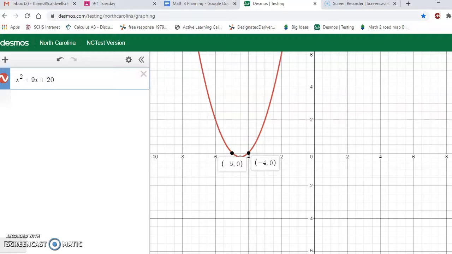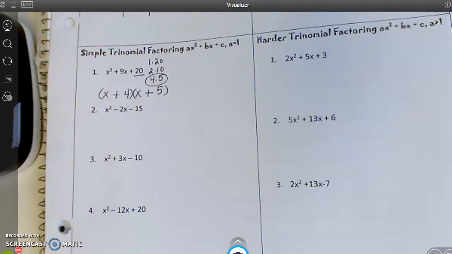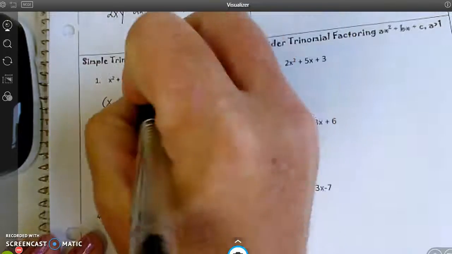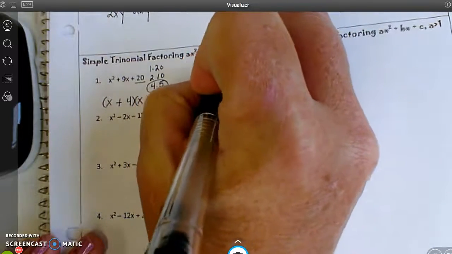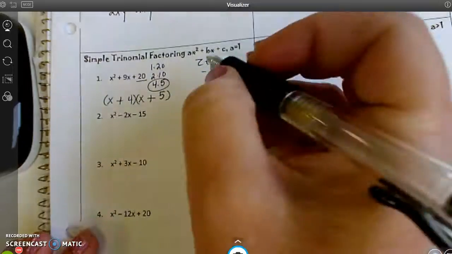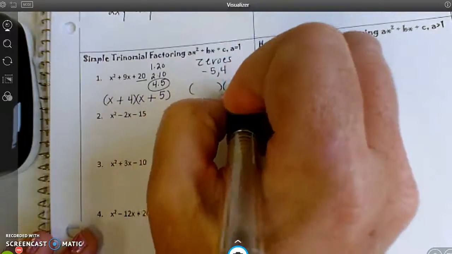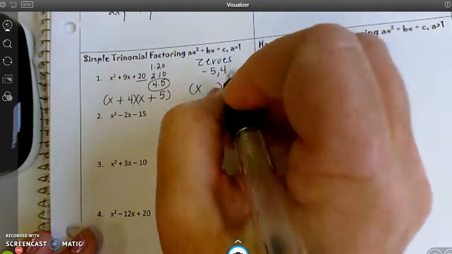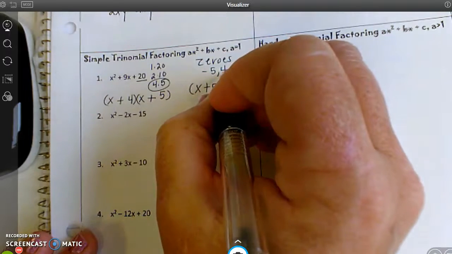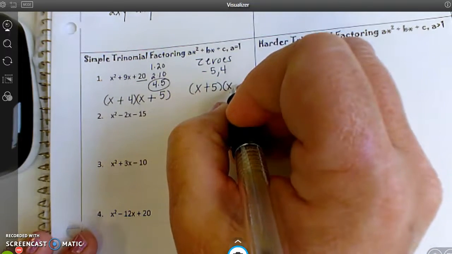Okay? Let's go back to the question. So the zeros on this problem right here were -5 and -4. Okay? Using the zeros to factor that, you just write 2 parentheses and then you change the sign. So instead of -5, I'm going to write +5. Instead of -4, I'm going to write +4.